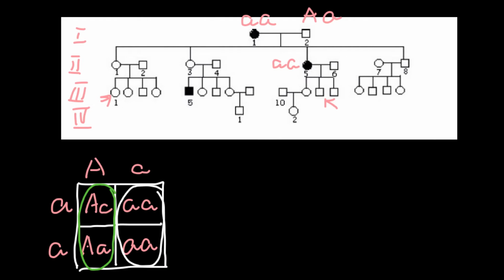So as you see, this parent of this child has to be heterozygous. There are only two variants whether he can be affected. We know that this person is not affected, so that means that this parent is 100% heterozygous.